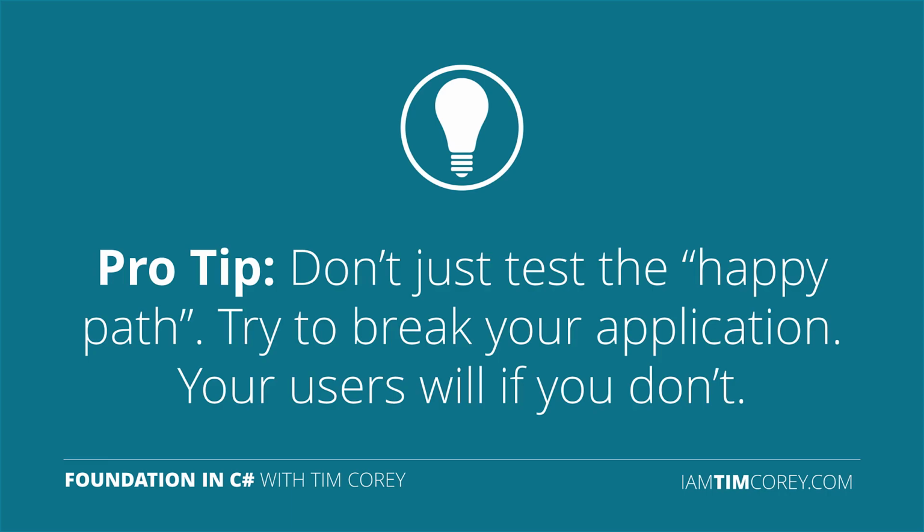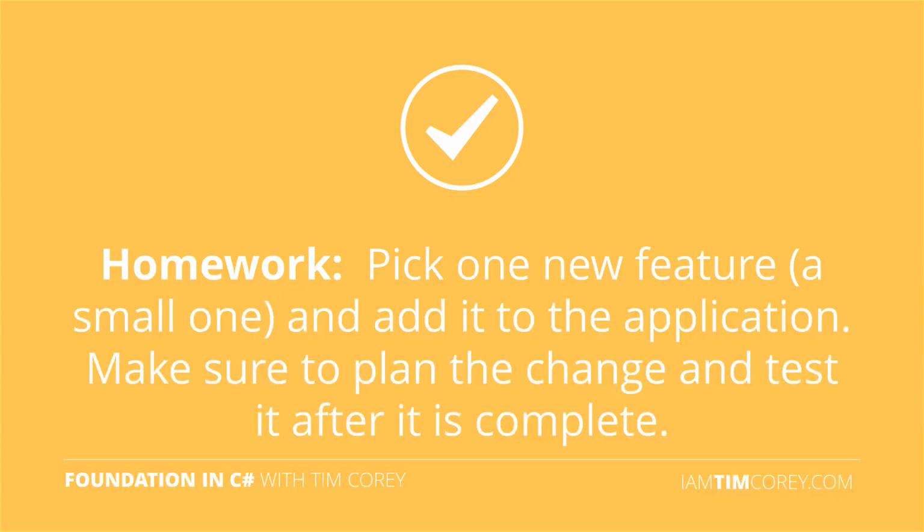Okay? So you still have homework, even though it's the last lesson. Your homework is to pick one new feature. Don't make it a big one. Make it a small one. Maybe it's just to refactor those couple methods into a more DRY framework where you're doing it once instead of multiple times.